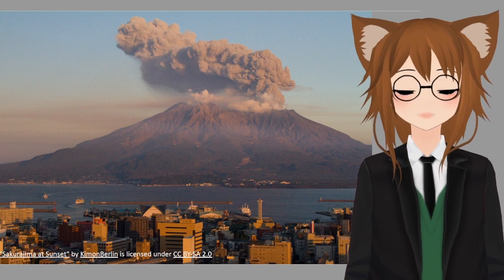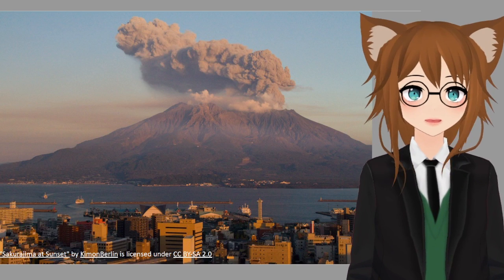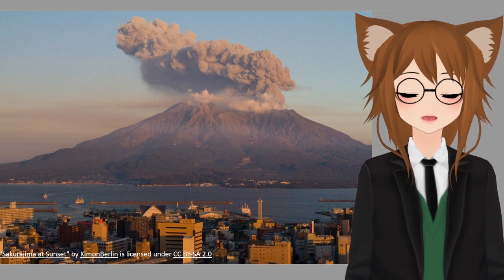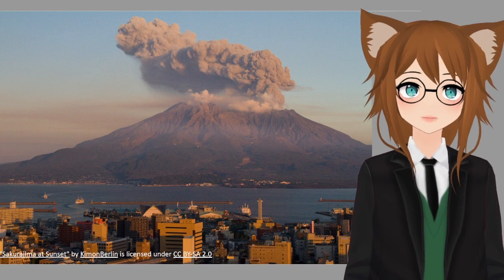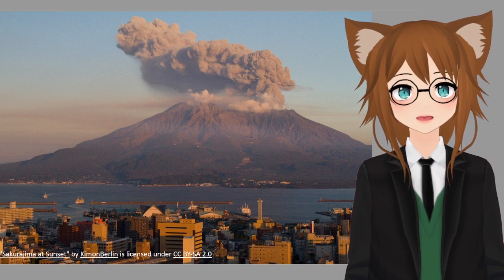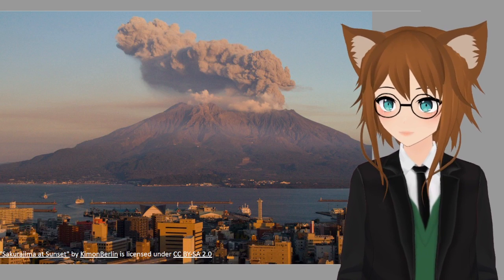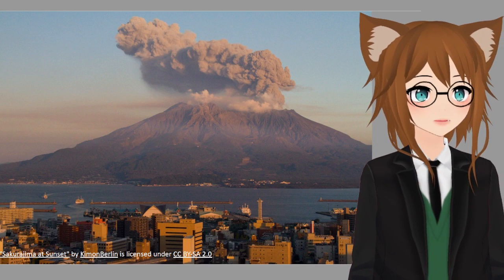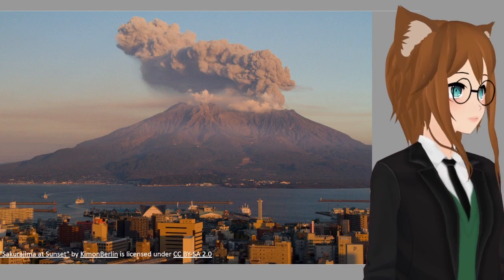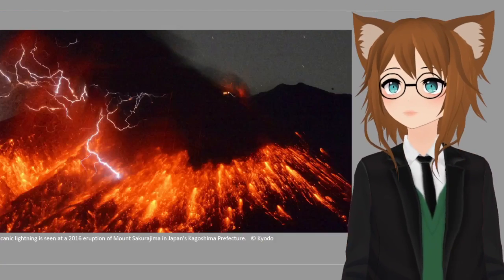And this was actually once an island, but because of the constant rock flows and the lava, it no longer is an island and is connected to the other part of the island next to it. So this is a pretty frequent occurrence throughout the Japanese islands.